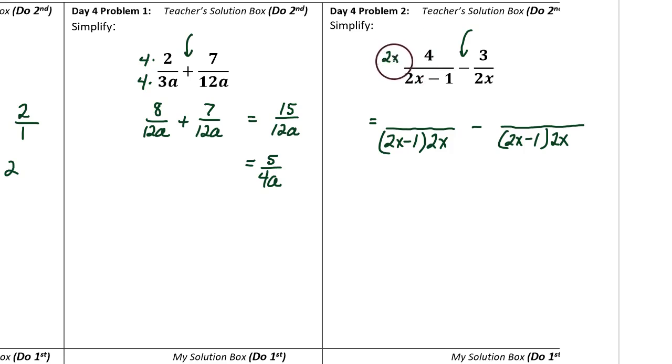We need to times by 2x, top and bottom. What do we need to multiply the second fraction by so that its denominator has a 2x minus 1 and a 2x? We need to multiply by 2x minus 1, top and bottom.